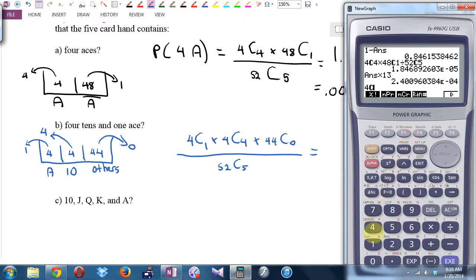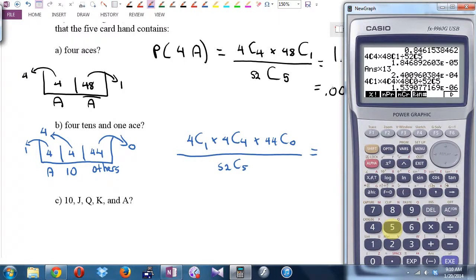4 choose 1, and 4 choose 4, and 48 choose none, divided by 52 choose 5. This is an even smaller chance, an even smaller answer than A, because in A you were just saying 4 of a kind, in B you're saying 4 of a kind, oh, and I'm going to tell you which other card I want, which makes it even more unlikely.